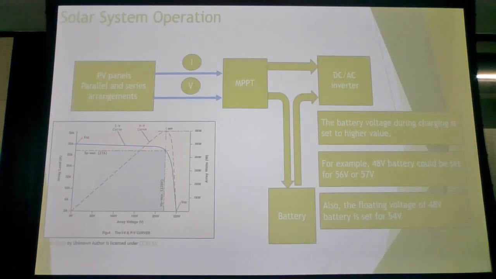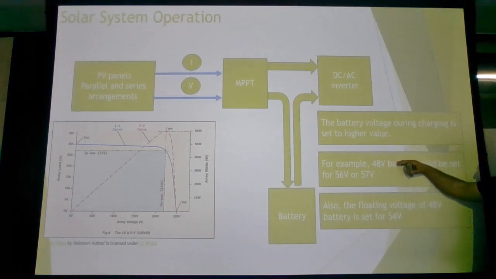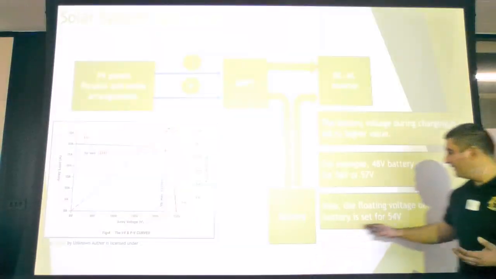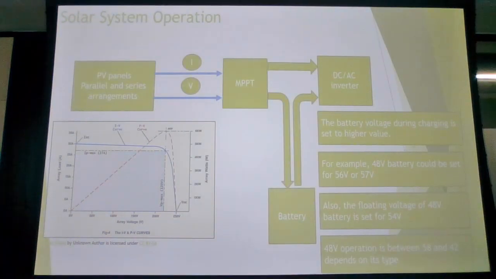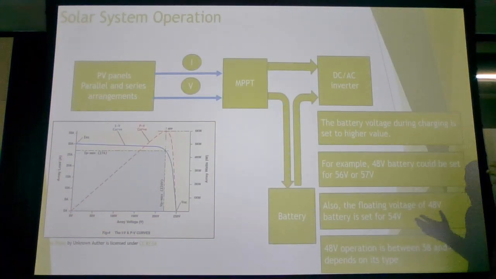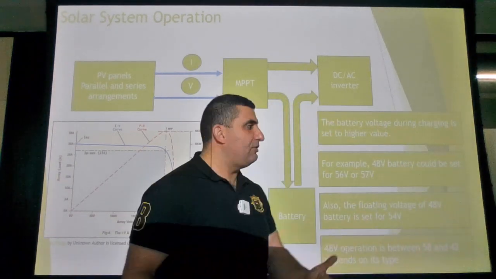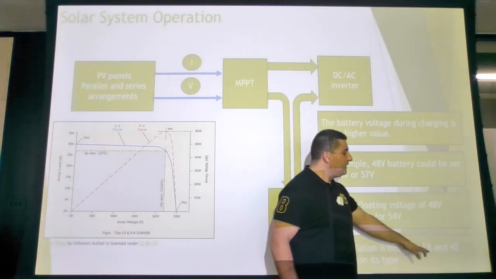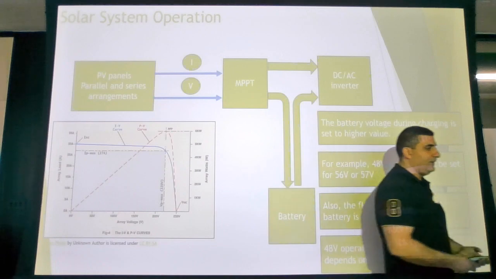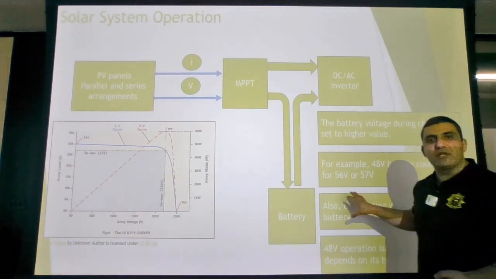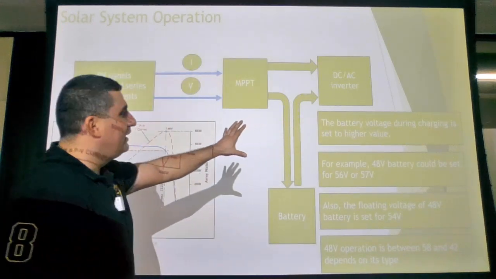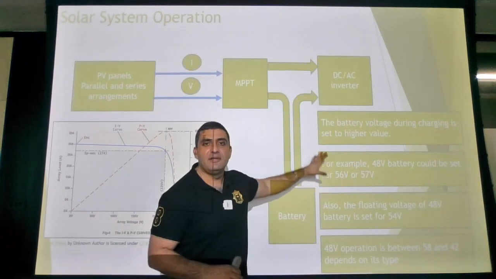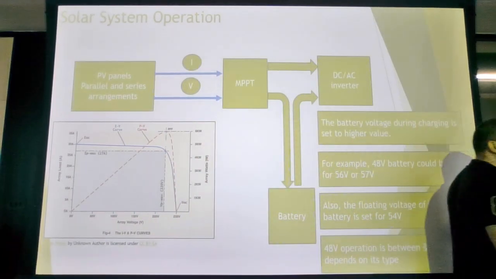After your battery is fully charged, for a 48 volt battery, some of them set the floating voltage to 54 volt. And if you look at the new lithium ion batteries, the operating voltage of 48 volt batteries is between 58 and 42 volt. I'm putting all this information because we want to utilize it now to see how we can work together with the wind system to meet this requirement and for the wind system to be efficient.